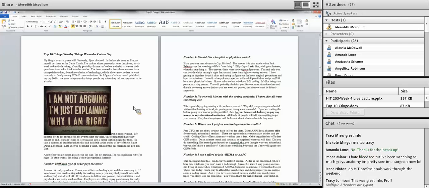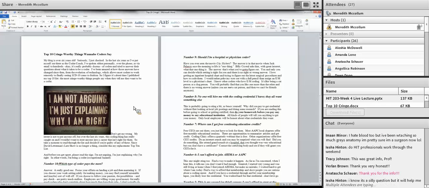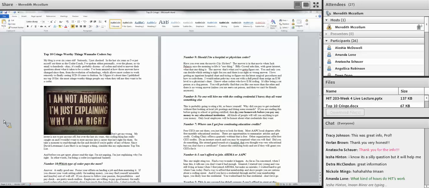Do the HIT? Yes, they work through the weekend. Yes, they do work through the weekend. If Aisha, if that was your question, hold on. Y'all type so fast. Yes, they do work through the weekends. It's open. The HIM department has to be open 24/7, 365 days a year. There's 3 different shifts. In some smaller facilities, things have kind of changed, there's electronic health records in some places.